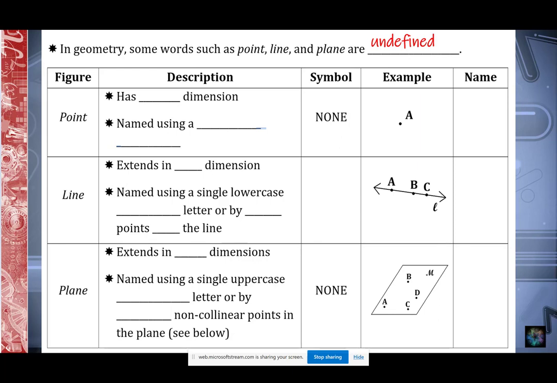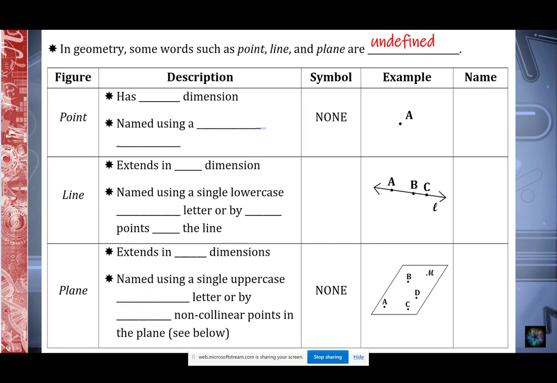This is what we mean, but officially in geometry, they're considered undefined. And we say that because in geometry we are always proving things, and we can't prove the very foundational things. They're just the things that we have to agree exist.